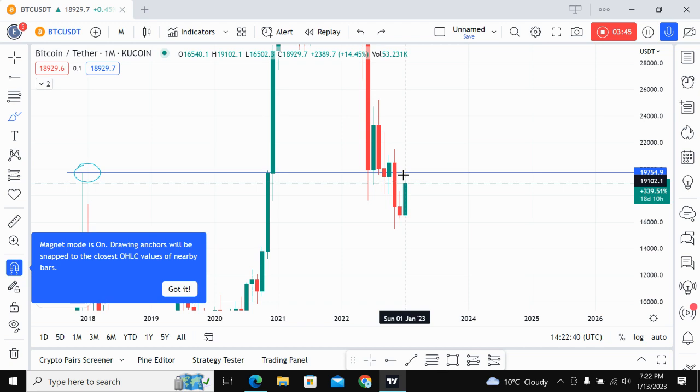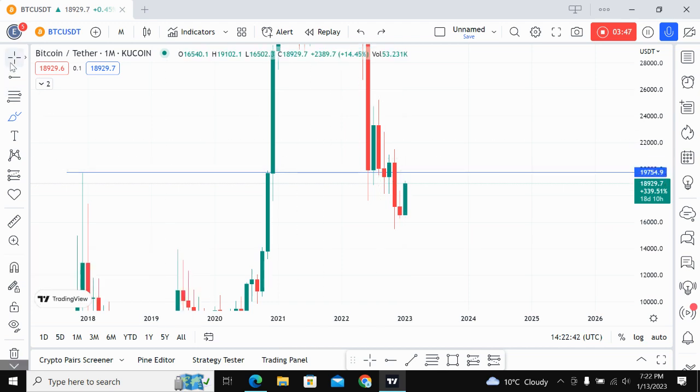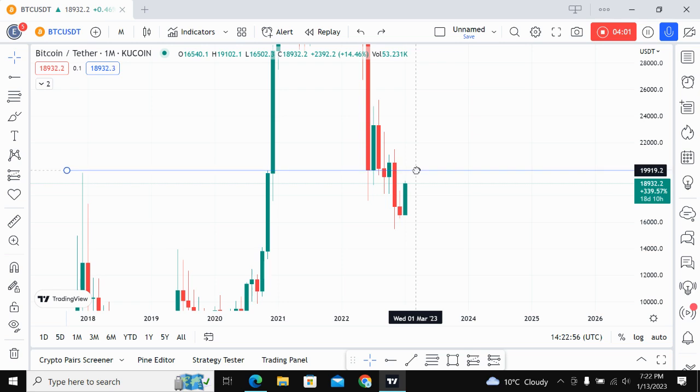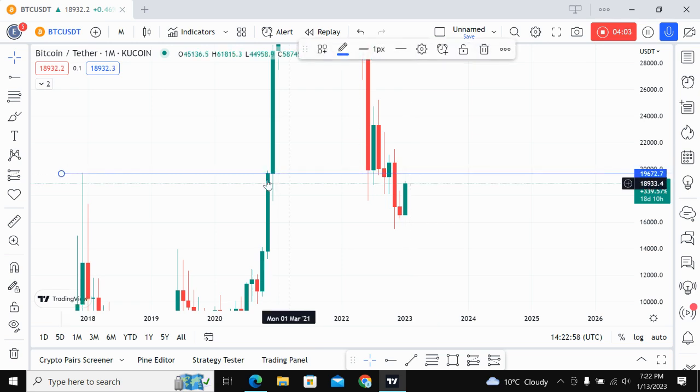You can see these are the points which would act as strong resistance as Bitcoin moves up, and the point is 19,750 something. If you want to move it a little down, this point could also act as good resistance. It doesn't matter if it is a little up or down. The points are clear to you.